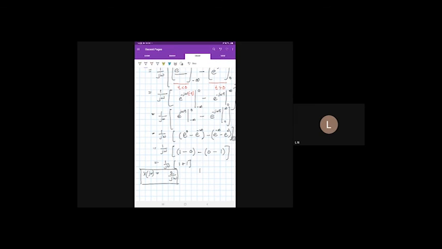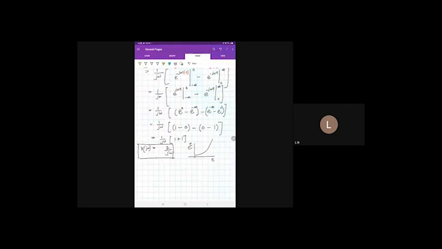So please remember that if we have e raised to power plus t, it is an increasing function. It increases exponentially. E raised to power minus t is a decreasing function. It decreases exponentially, and when t tends to infinity, e raised to power minus t tends to 0.